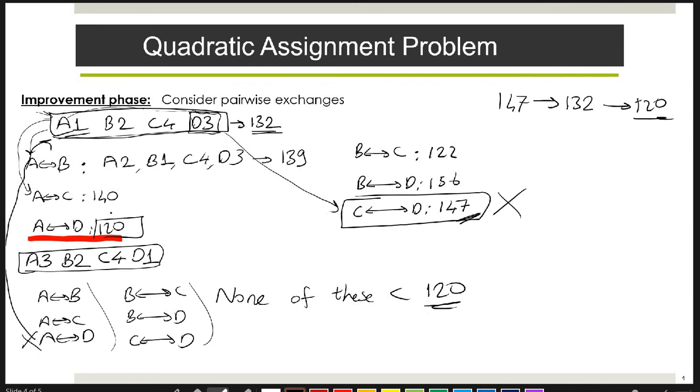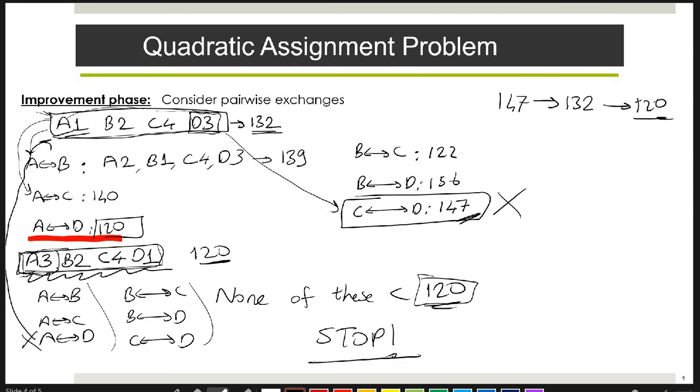So we already have a solution with a total cost of 120, and if we try to replace the machines, we cannot improve it further, so we stop. The solution that we obtain is this: assign A to site 3, B to 2, C to 4, and D to 1.